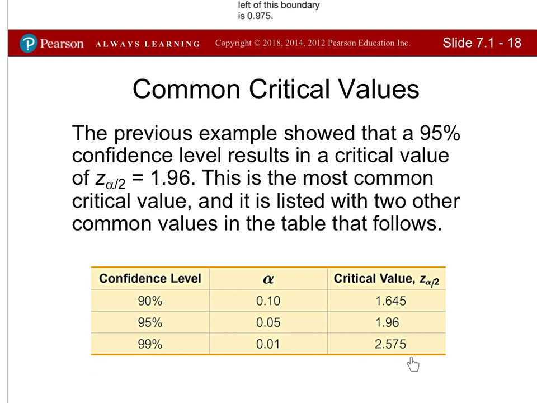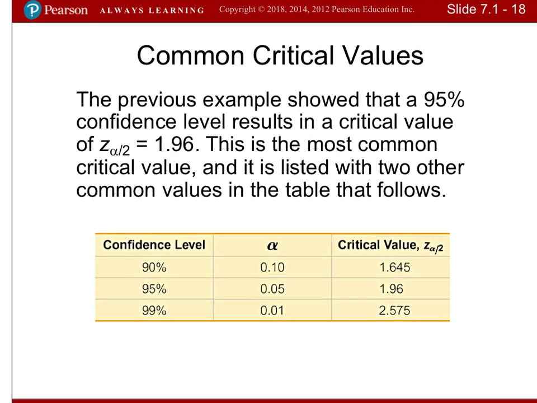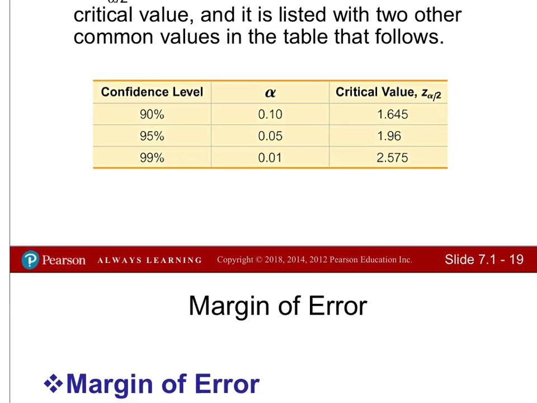This particular table is on the bottom of table A2, so you can have access to it and you don't have to draw the picture in order to find the critical values. However, if you get some odd confidence interval, say the 80% confidence interval, then you need to go through the previous example in order to find the critical values. For most of the time, you'll just use these critical values from the table on the bottom of table A2.